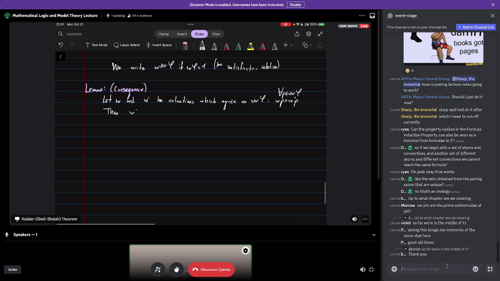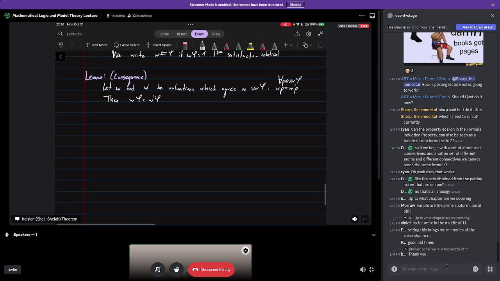Then W(phi) equals W'(phi). So basically what this means is that the valuation of a formula depends only on the valuation of the variables in that formula. So the proof is easy: formula induction.